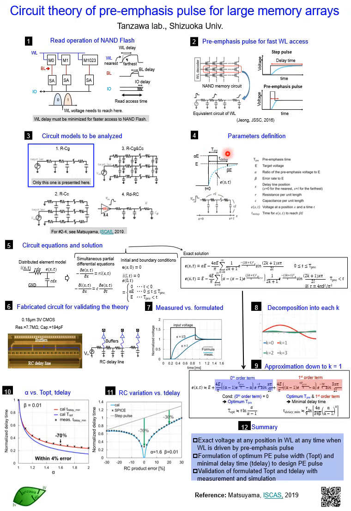T pre shows the pre-emphasis pulse width. X shows the position of the word line. 0 indicates the nearest, and L or 1 indicates the farthest. We will find the exact solution, the voltage at any position x and any time t.